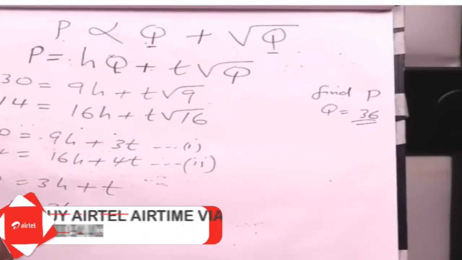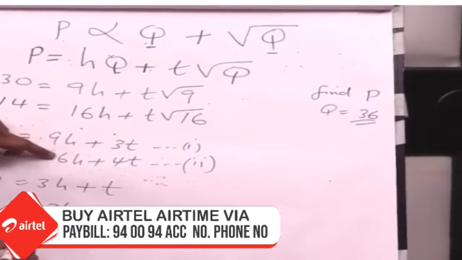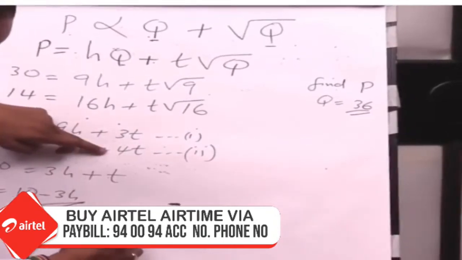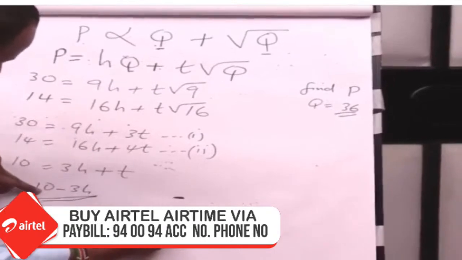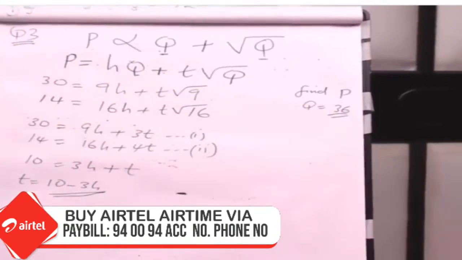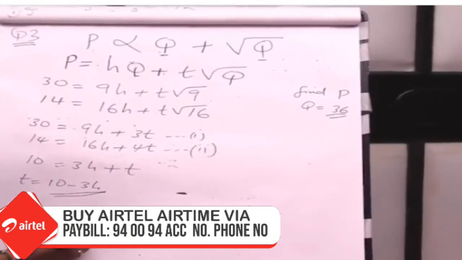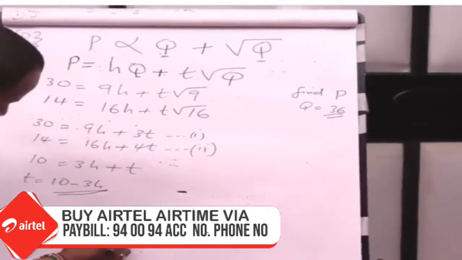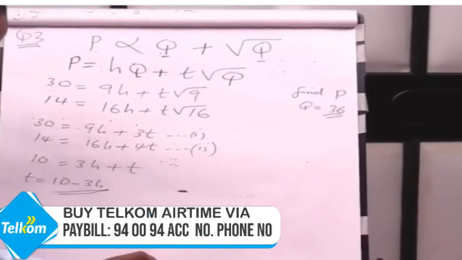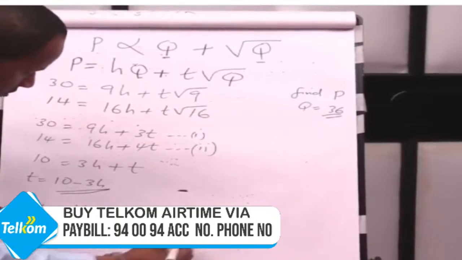So 14 equals 16H plus 4 times, our T is 10 minus 3H. We want to get the value of H. So 14 equals 16H plus 4 times 10 is 40, minus 4 times 3H is 12H.